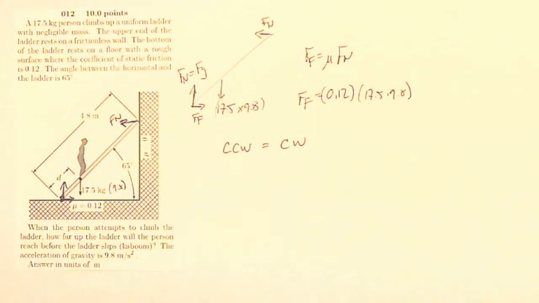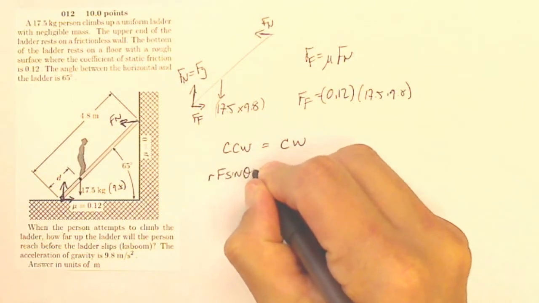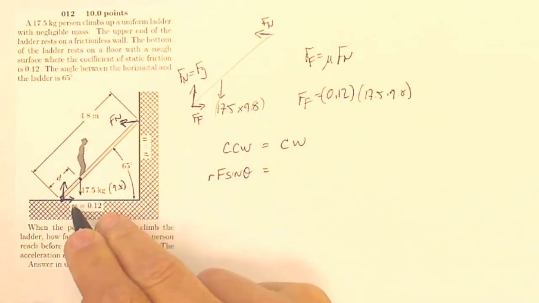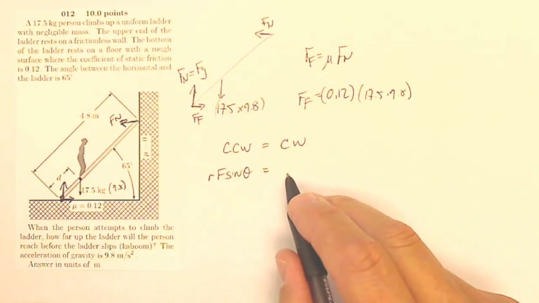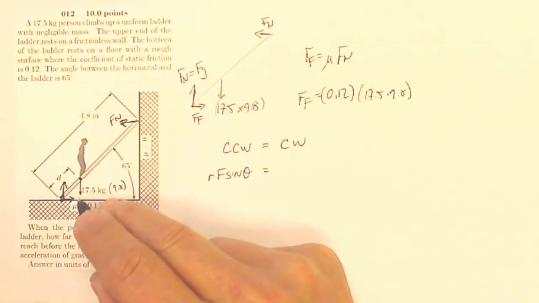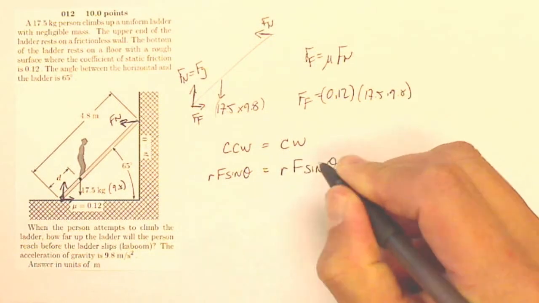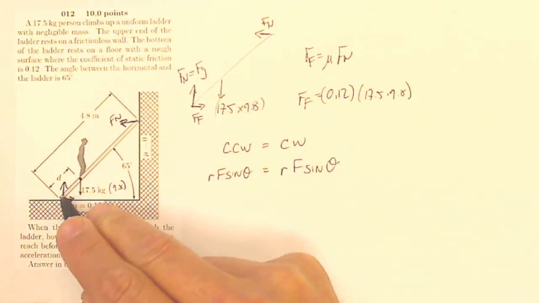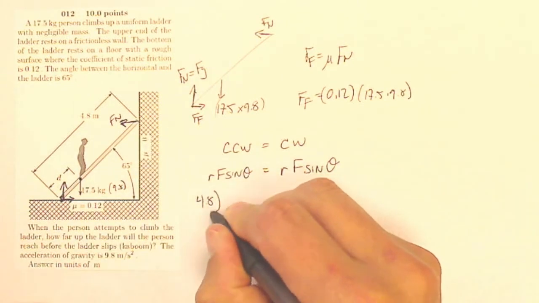It is going to have an r F sine theta, and when it equals the gravitational torque, then I know I've hit the point where it's going to slide. This r is going to be, from this pivot, the length of the ladder, so this length is going to be 4.8.